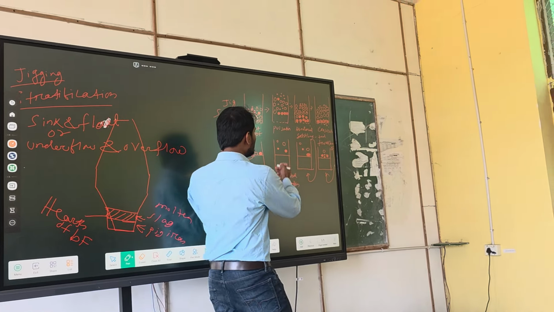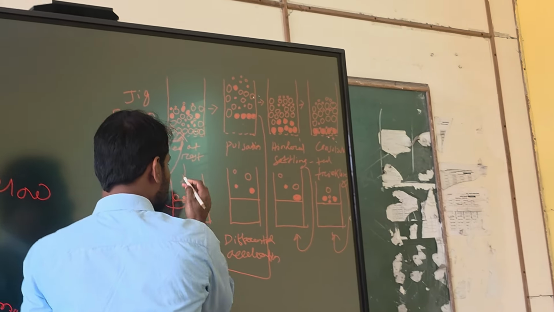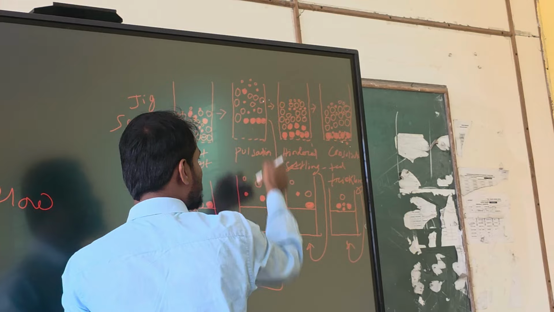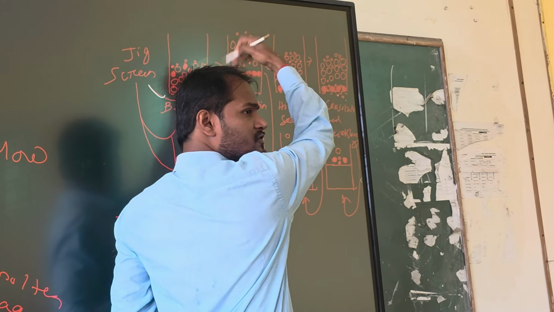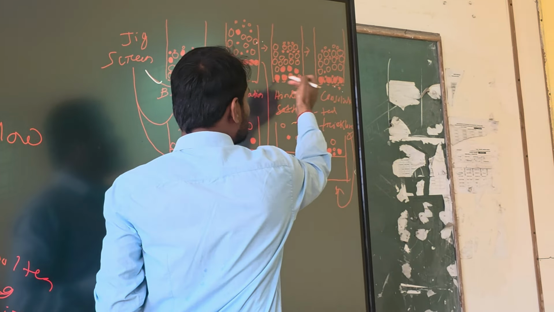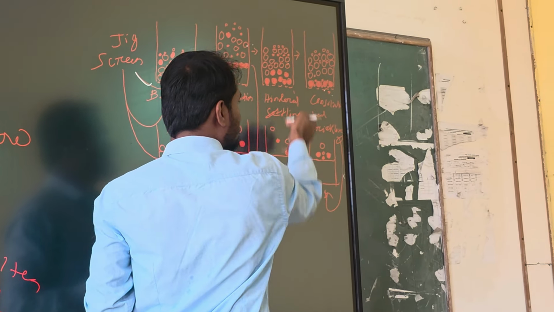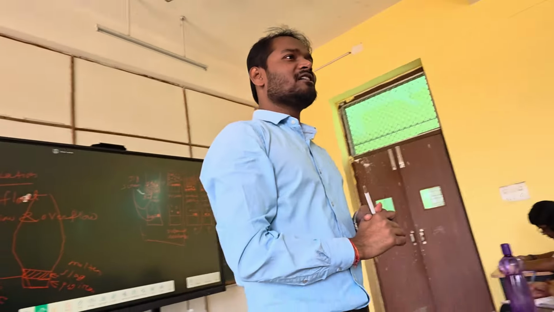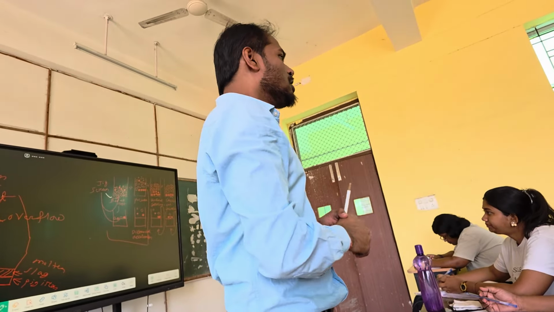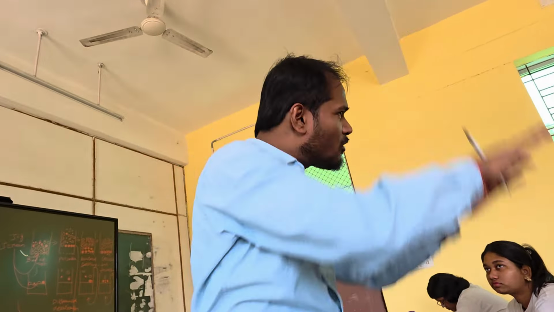So the same thing will happen. You just understand that up to this is the static condition, same. But this is pulsation, which means water is going in, water is filling the screen. So this condition will start at what condition? Hindered settling, when water will drain out. You understand my point? Hindered settling will happen when water drains out, because water is moving downwards again.